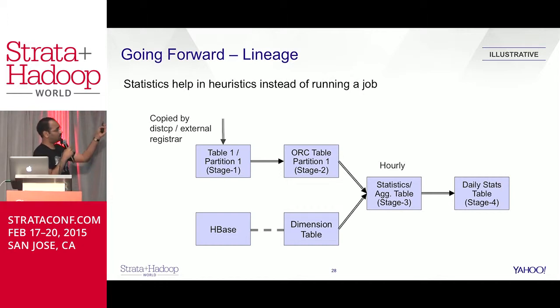For example, there can be a second consumer who aggregates it and puts it into an hourly table, and a third consumer who can aggregate that on a daily basis and maybe import to Oracle or maybe export it outside and then use it for other purposes. So if you have statistics along the way, you can use that and the lineage information to programmatically track statistics without really launching jobs and computing multiple tables.